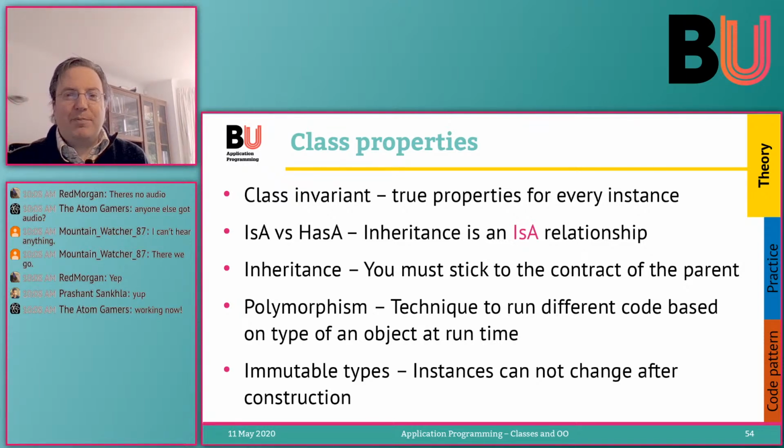An instance is a particular value at a particular memory location that lives there. The class invariant should be true for all instances that implement that particular type. And that allows users of that type to be confident that when they write something, it will actually meet those requirements.